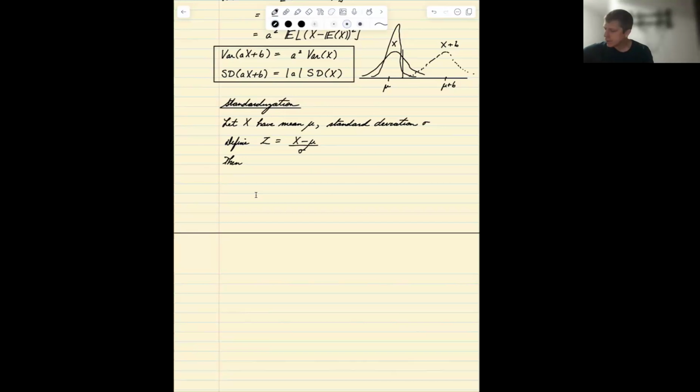Then Z is equal to the number of standard deviations that X is either above or below its mean.